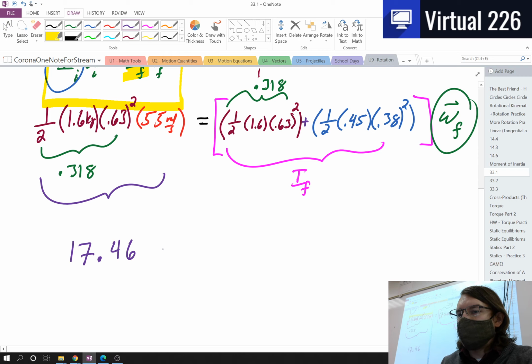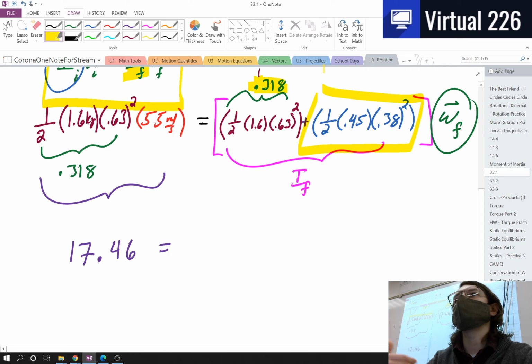Now on the right side, I'm going to take the 0.318 that I had from this first term and add that to whatever I have from the second disk's moment of inertia here in blue.